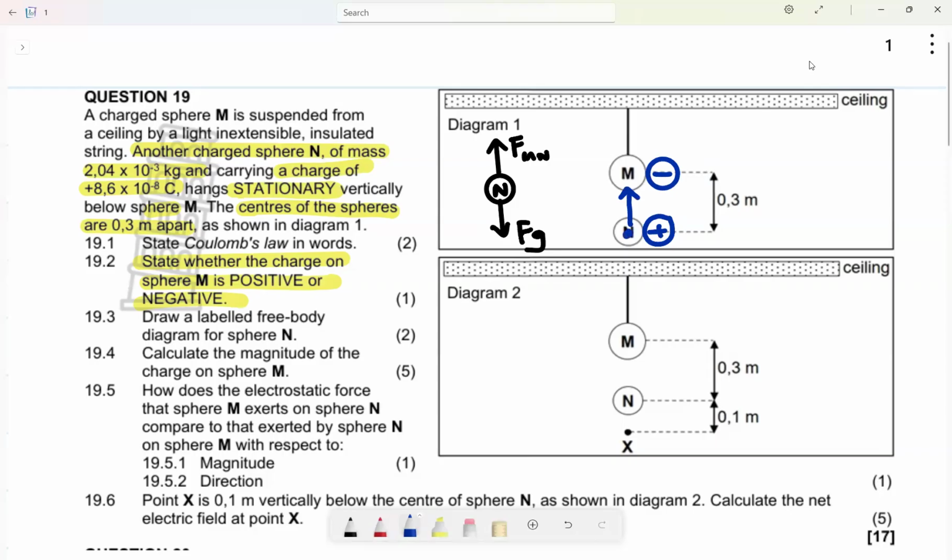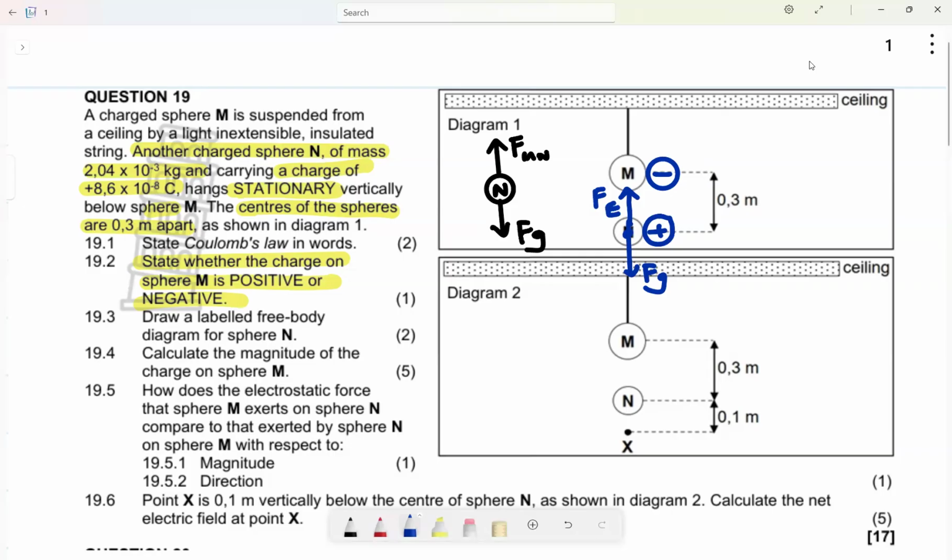But gravity also pulls N downwards, so that we can have balanced forces. You can say this is the electrostatic force experienced by N due to M.